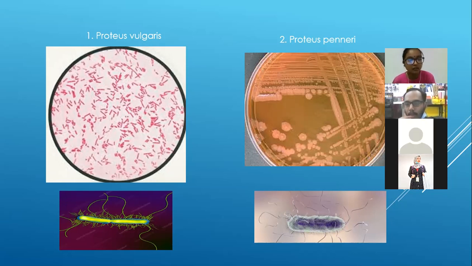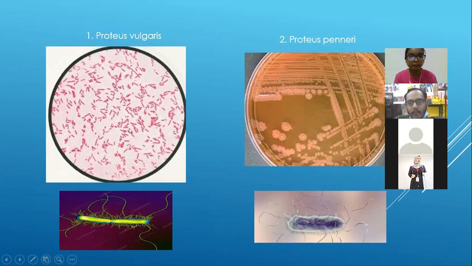It commonly causes nosocomial infections of the urinary tract. Usually these bacteria won't cause infections in the gastrointestinal tract, but in the urinary tract. Actually we have four types of Proteus, but I only showed you two, which are Proteus vulgaris and Proteus penneri. This is the observation under the microscope.